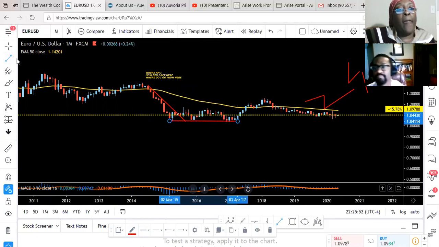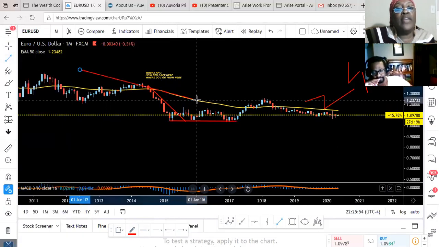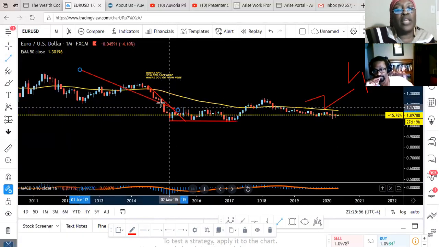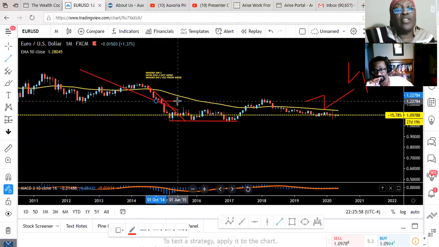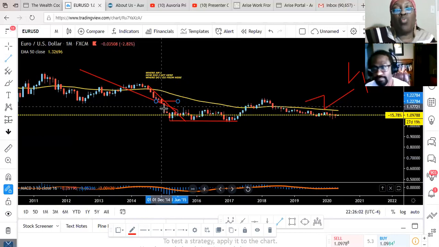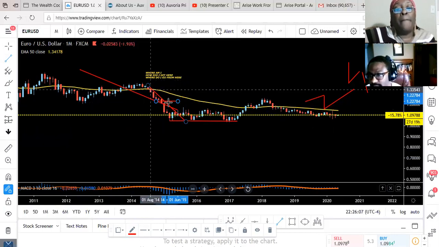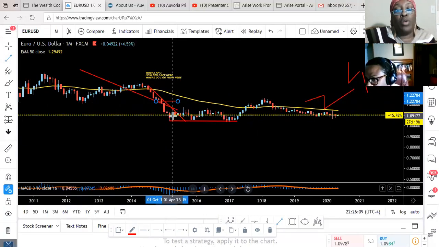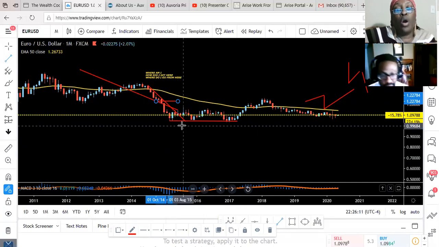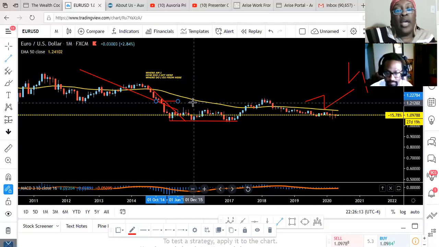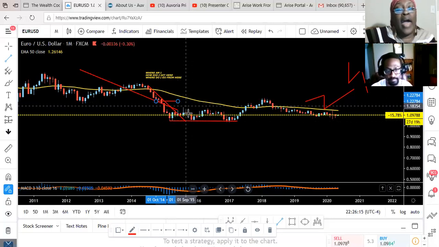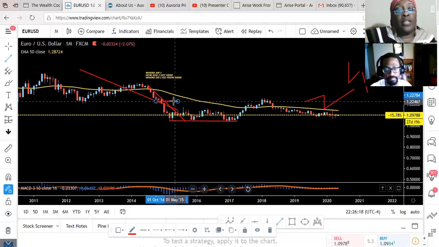I'm going to show you that even inside of the consolidation, price still moves in those three directions, even if it's just one candle. Because if your trend is bearish, all of your red candles are impulses. All of your blue candles are corrections. Even if you go one at a time, it's still valid.